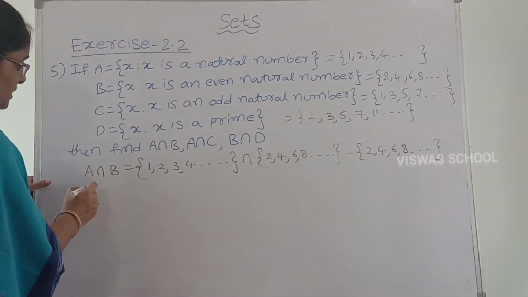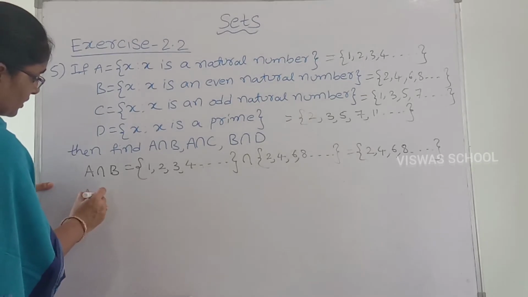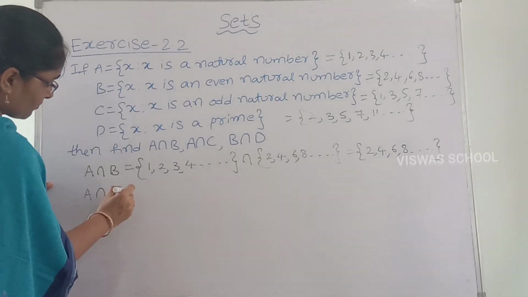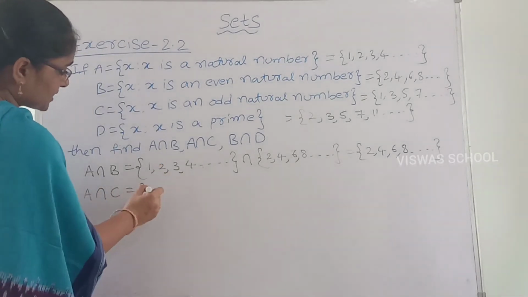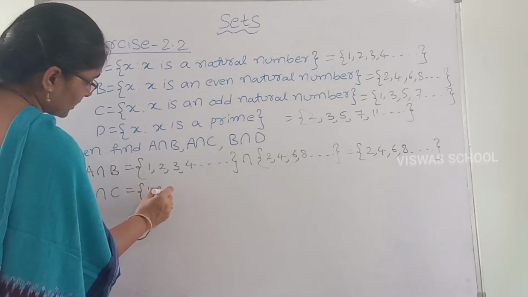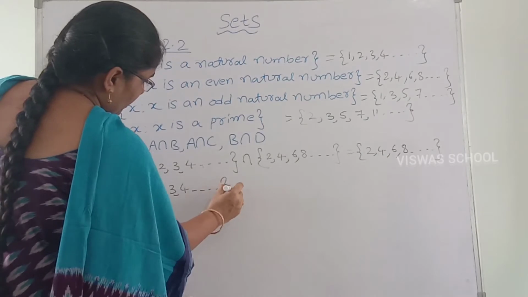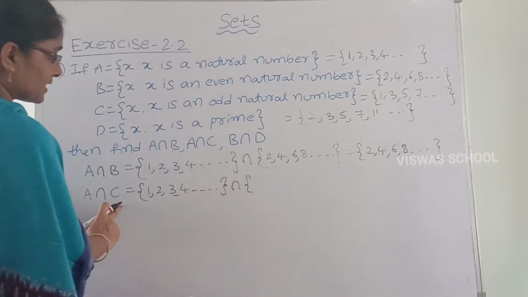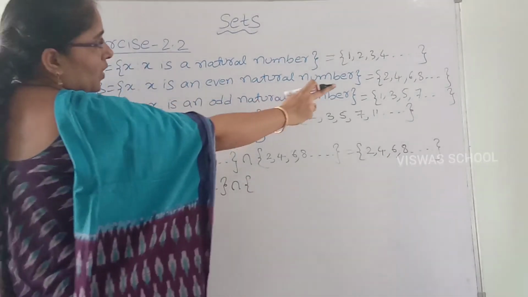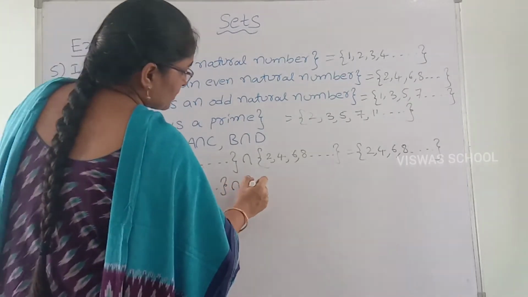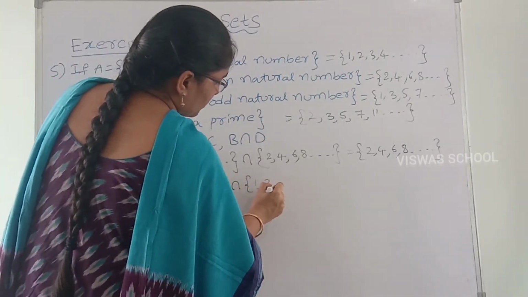And next one is A intersection C. Here set A is what? The natural number set, that is 1, 2, 3, 4, and so on. And intersection set C. C is what here? Odd numbers, that is 1, 3, 5, 7, and so on.